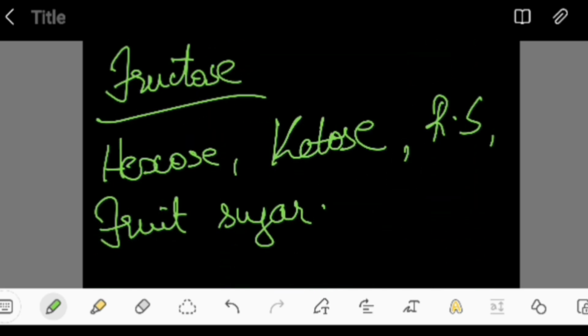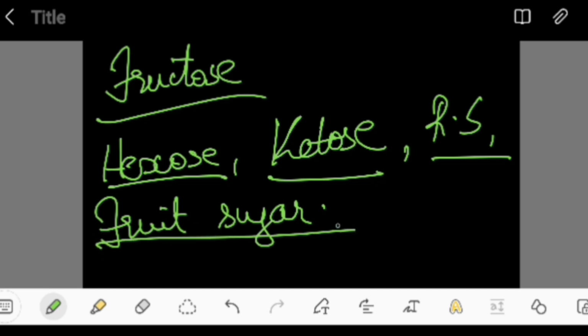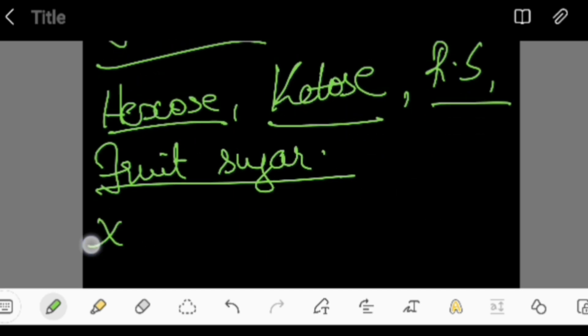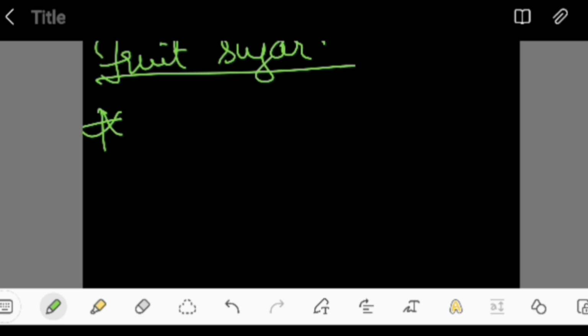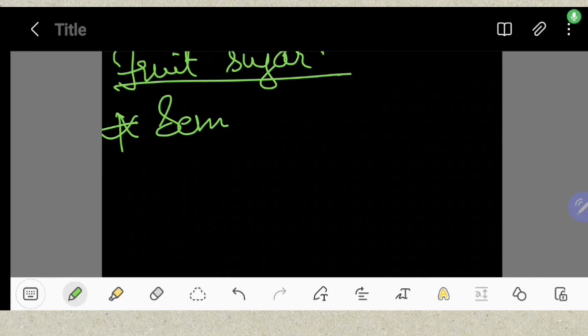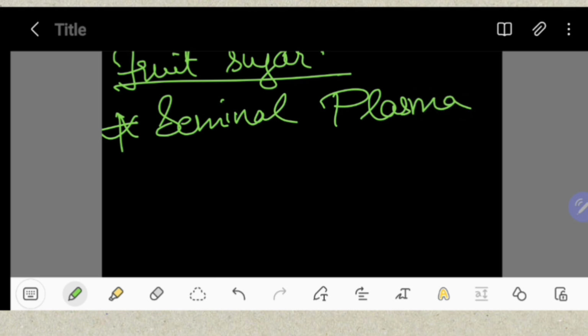Fructose is a hexose ketose reducing sugar, and it is also fruit sugar. And in males, it is present in seminal plasma.